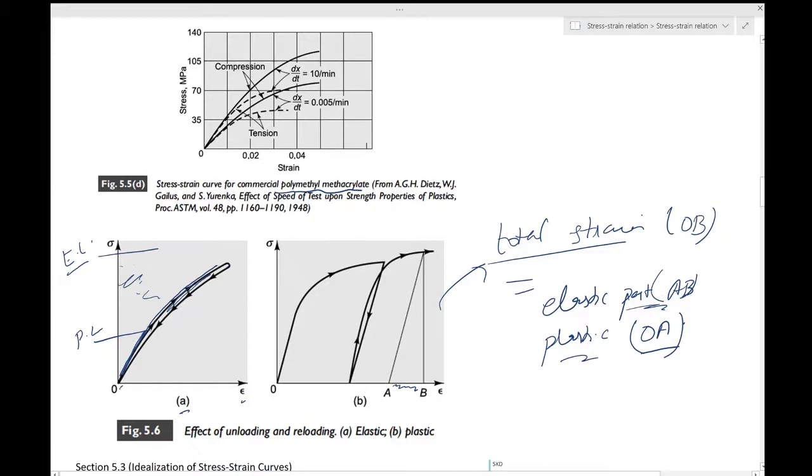So this is the same if you would close it down somewhere over here: elastic part, and then you would have that plastic part. As you can see from this diagram itself, the plastic part is quite large compared to the elastic part.